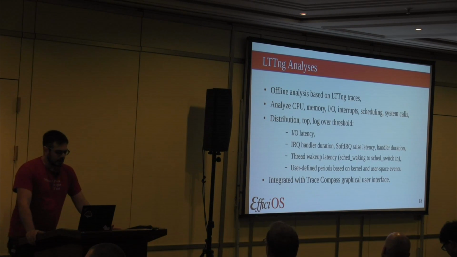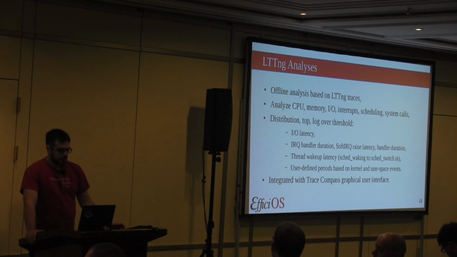So those are offline analyses based on LTTng traces. We allow analyzing CPU usage, memory usage, input-output operations, both at the file descriptor and at the block I/O level, interrupt activity, scheduling, and system calls. So it provides distribution, top, log, everything over a threshold of all those things.